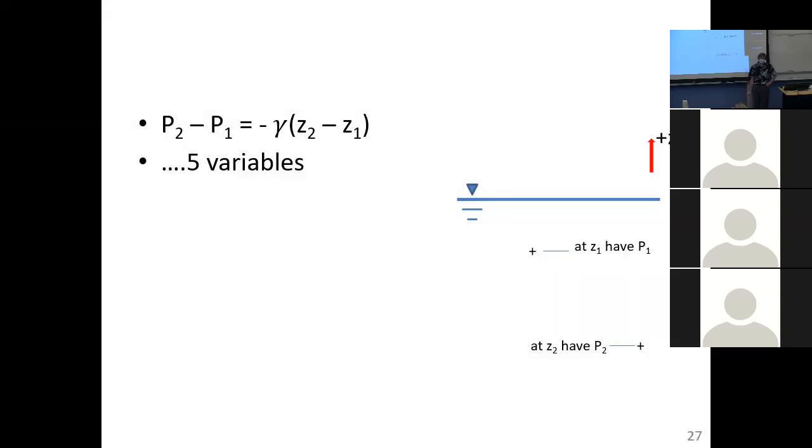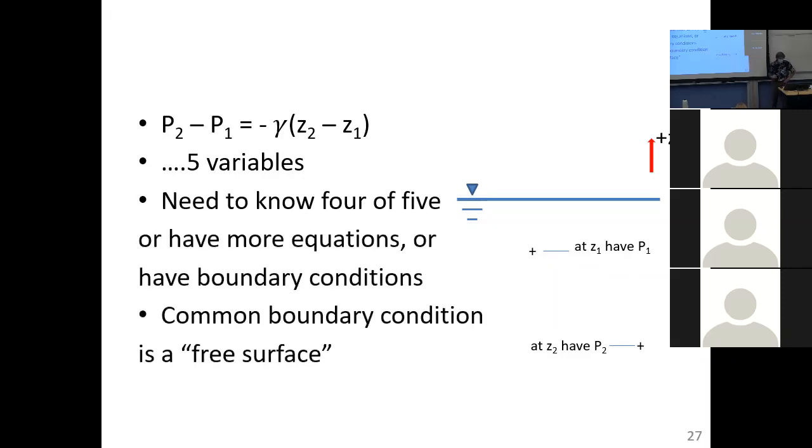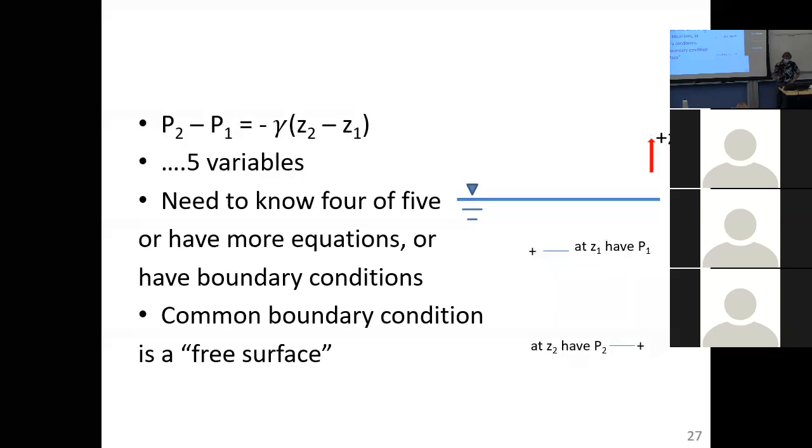But you have to have 4 out of 5, right? Otherwise, you can't solve it. So we need to know 4 of 5. And again, those will be either dictated or things that you can recognize.